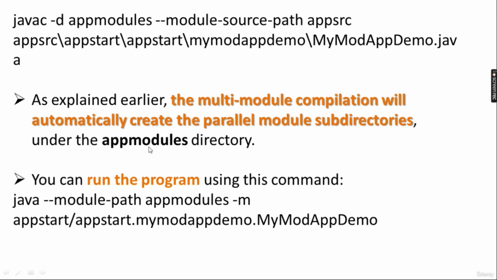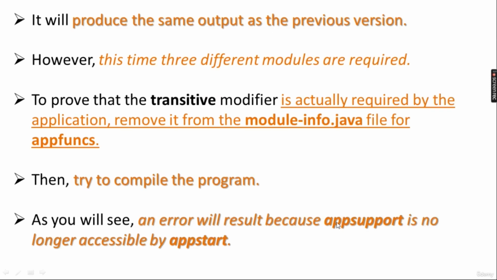The multi-module compilation will automatically create parallel module subdirectories under the appmodules directory. Then you will run this program: java --module-path appmodules -m appstart/mymodappdemo.MyModAppDemo.